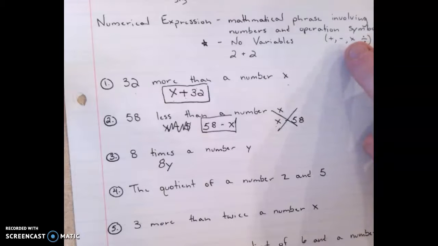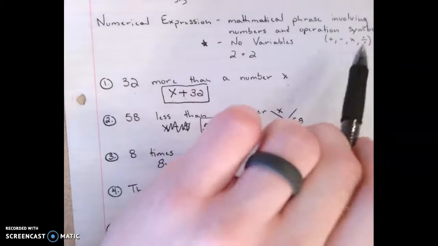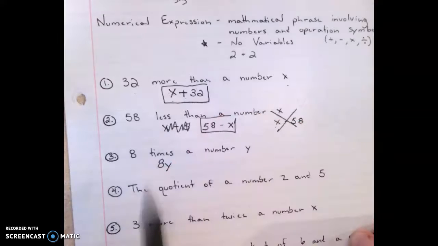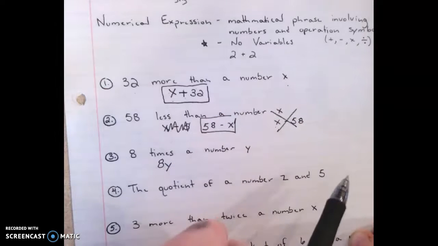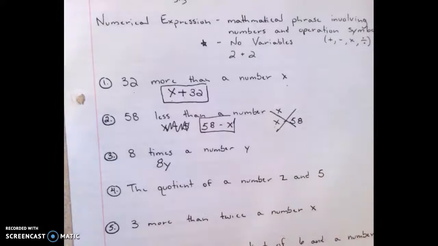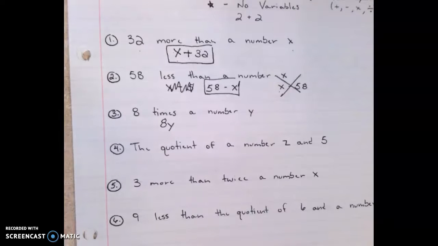We do that because the multiplication symbol is an x. If this variable was an x, 8xx looks a little funky, so we simply write these side by side. So 8y.